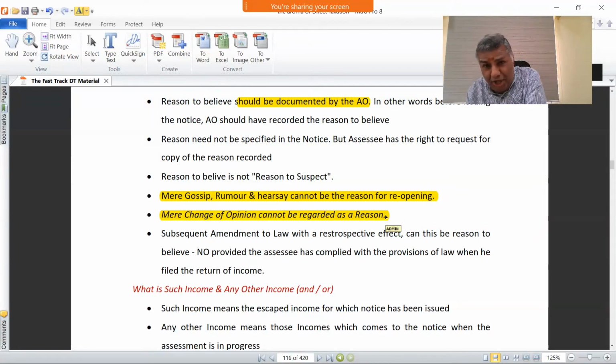A very, very popular case law, asked twice or thrice in questions, is ICICI Prime Securities. Listen to the case law. The company is in the business of dealing in shares and securities. Assessment was completed, assessment order was passed, everything over.